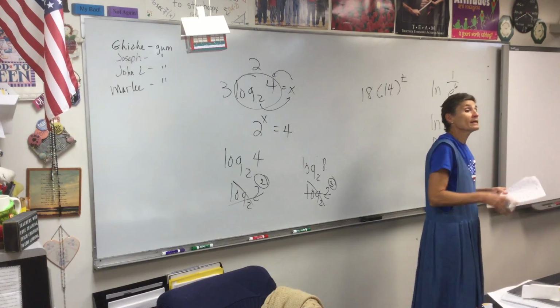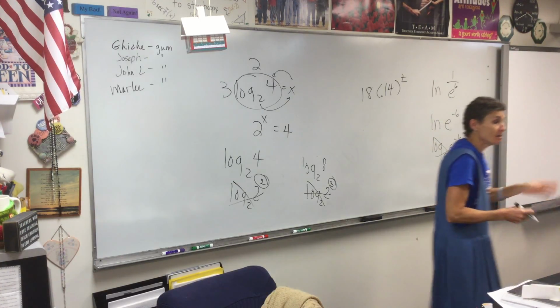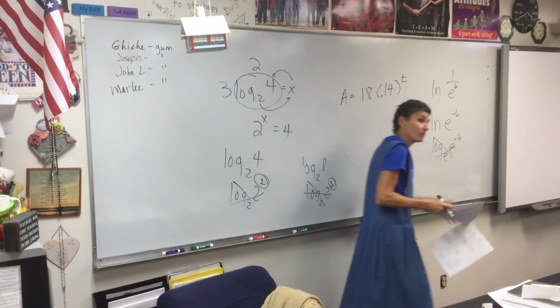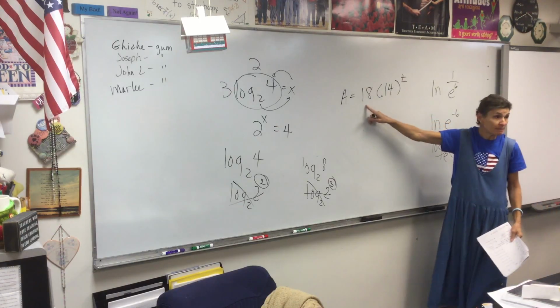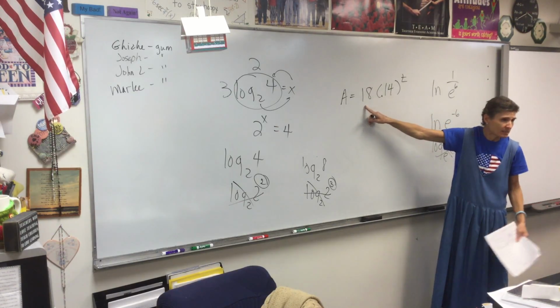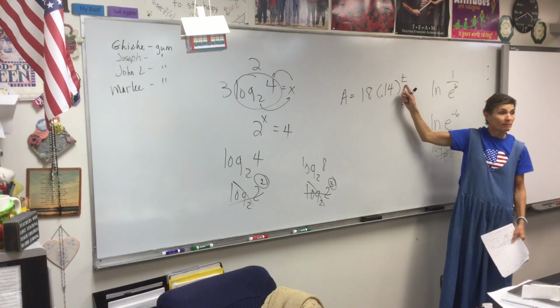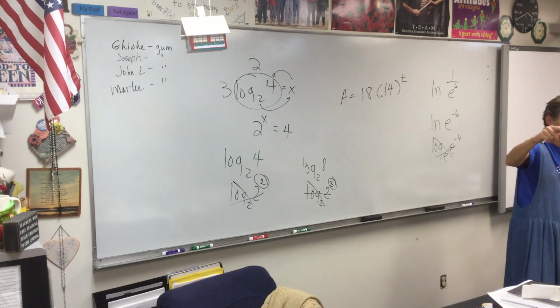No. Well, only if t is negative. Okay, and t isn't going to be negative because in these problems, we're generally talking about populations. So we're starting with 18 people or 18 bacteria or money, sometimes $18. So t is going to be a positive number, the number of years or the number of minutes.